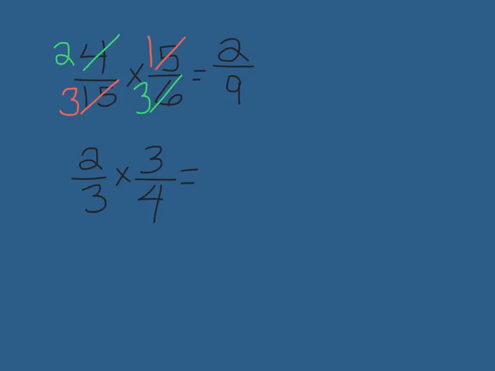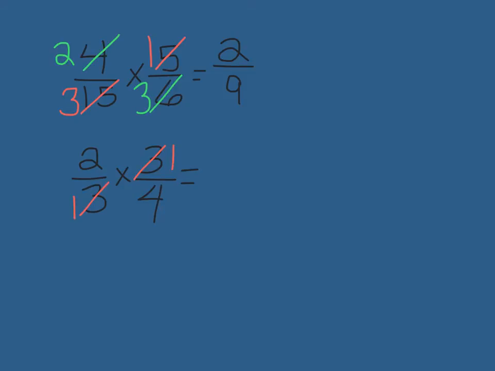Let's take a look at one more. So here, remember I said always look to see if you have the same number in a numerator and a denominator, because those you can cross out and make 1's, because they divide by themselves, and then that makes it even easier. So I'm going to cross those off and make them 1's. 3 goes into 3 1 time.